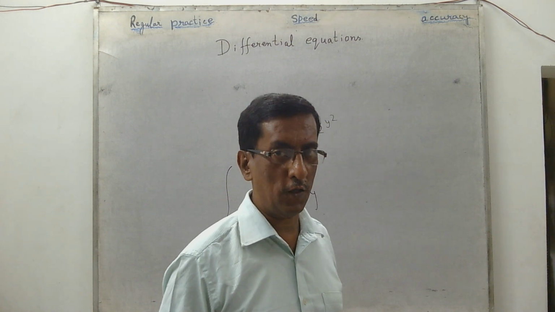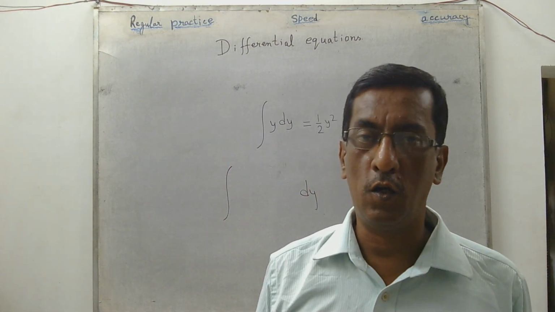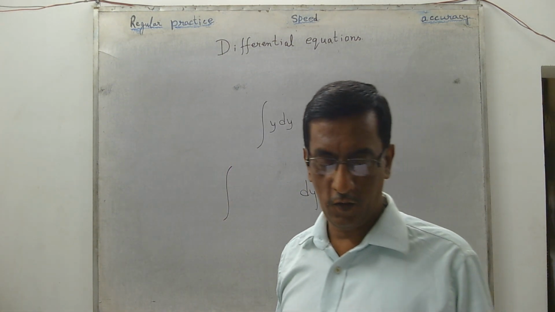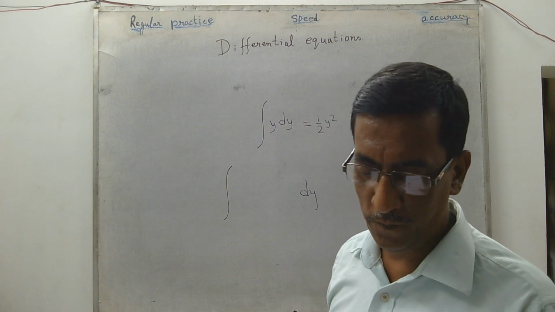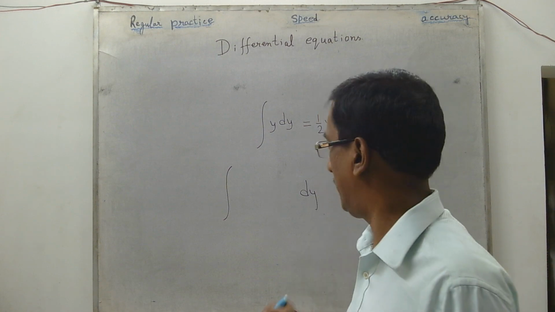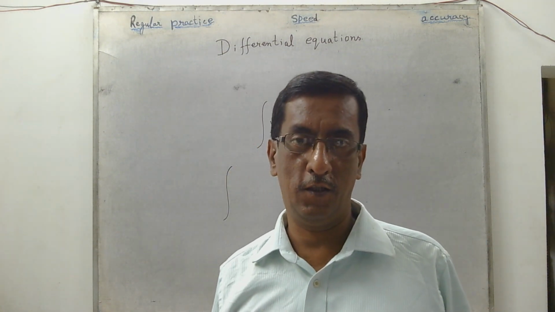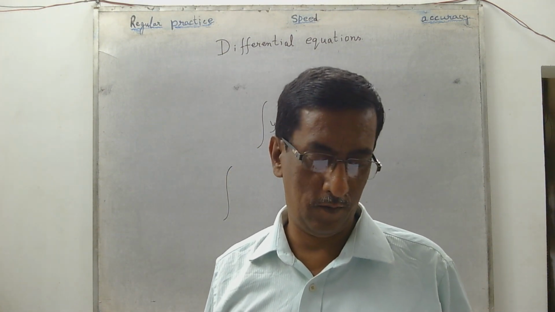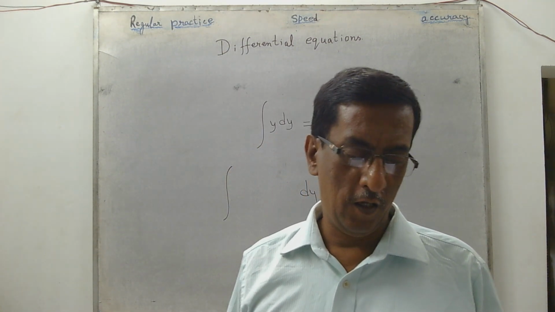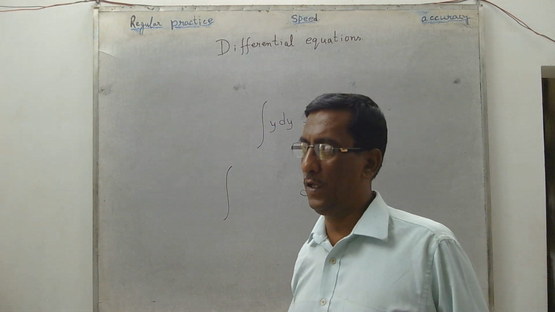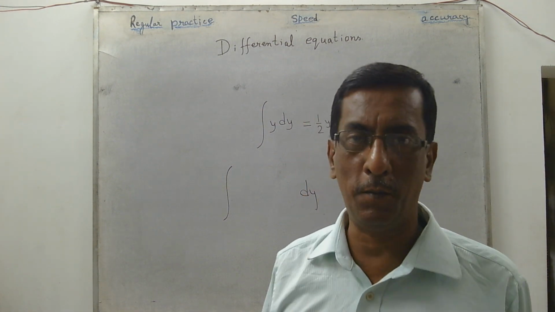This enlarged S was called summa, and this dy was called differentia. He was actually Leibniz, this German mathematician.